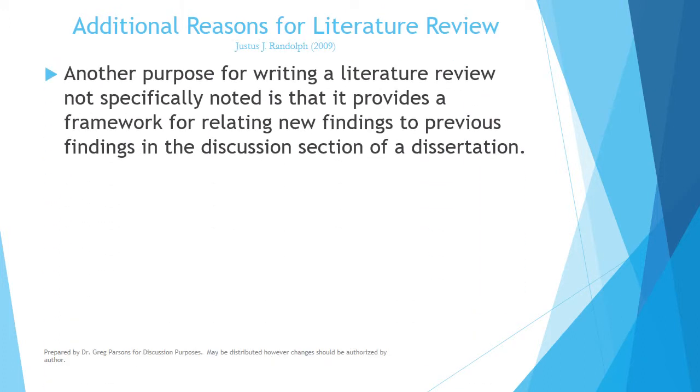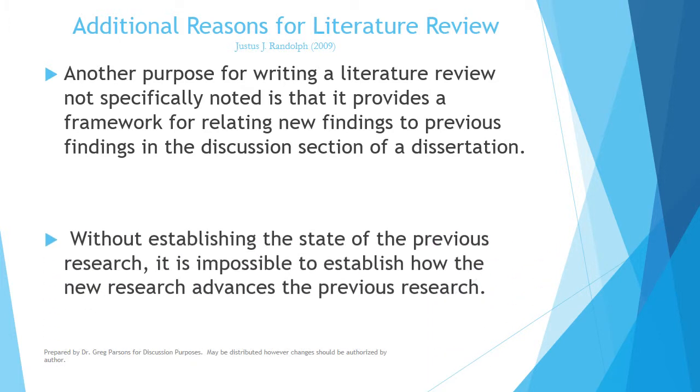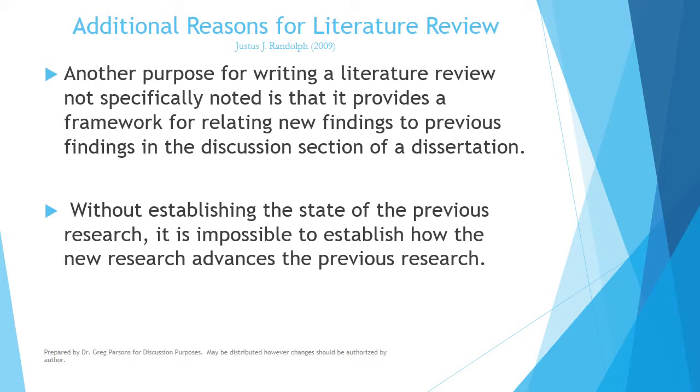And just to wrap up, a purpose for writing a literature review that wasn't mentioned above is that it provides a framework for relating new findings to previous findings. It also allows you to establish that your new work has not been done before, and that, standing on the shoulders of the previous research, it adds something to the field that hasn't been done before.